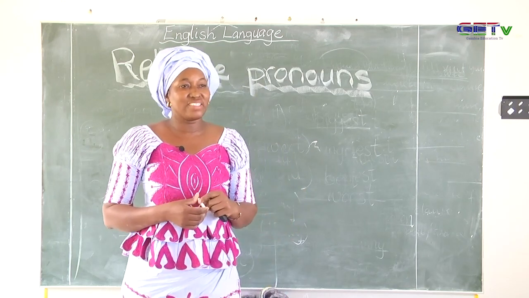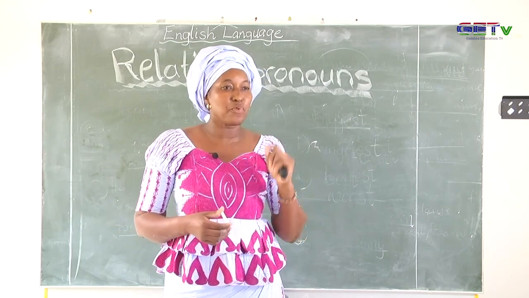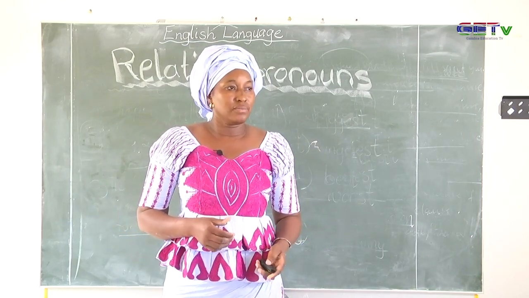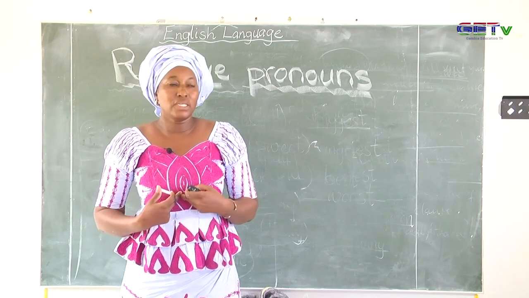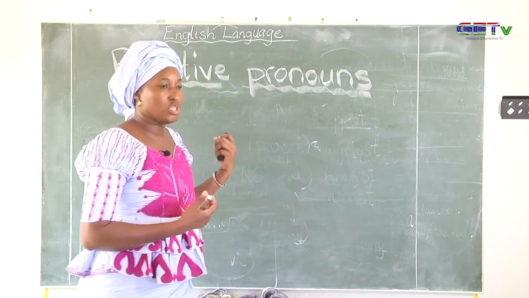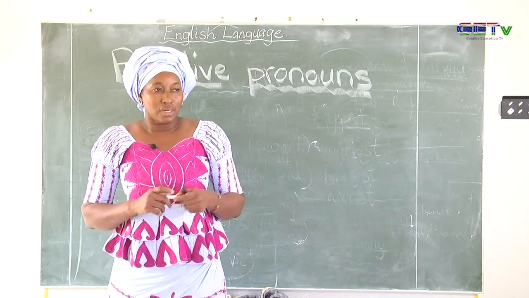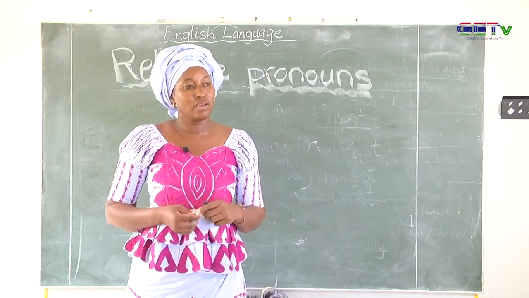These are some of the examples that you could use with the relative pronoun that. We say whom, whose, and who are used with what? People. Which are used with what? Things.